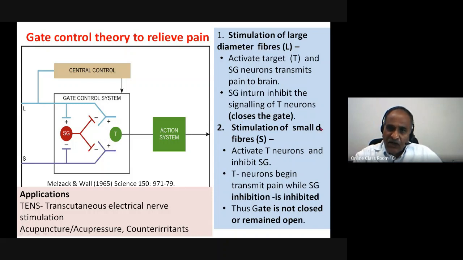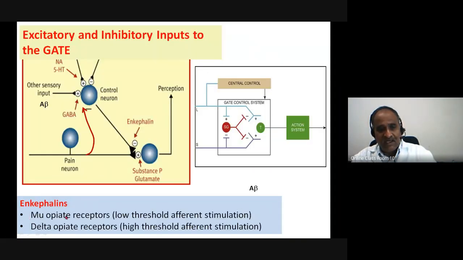Whereas the small diameter fibers, when they are excited, will send the impulses in the beginning, followed by mediating the responses to the mu and delta opiate receptors. The mu opiate receptors are low threshold afferent stimulation, and delta opiate receptors are high threshold afferent stimulation.